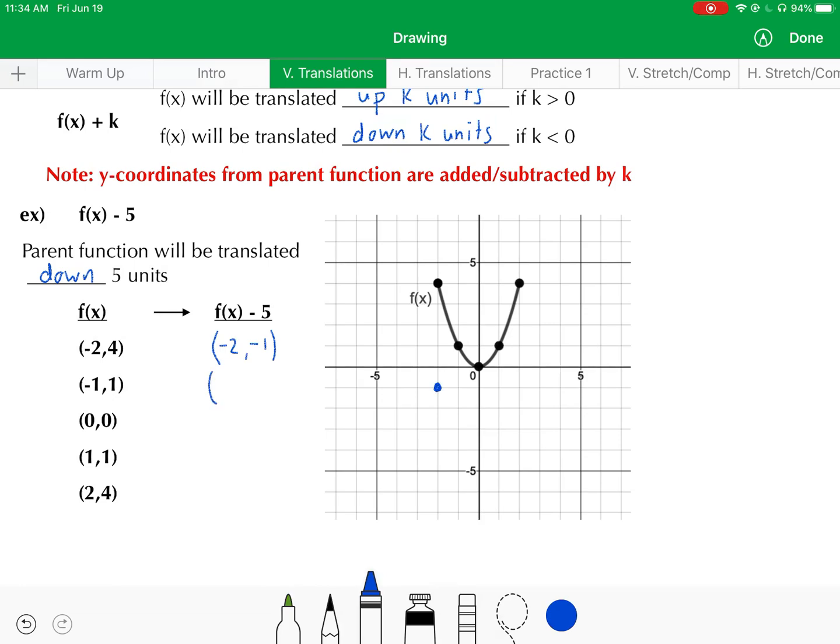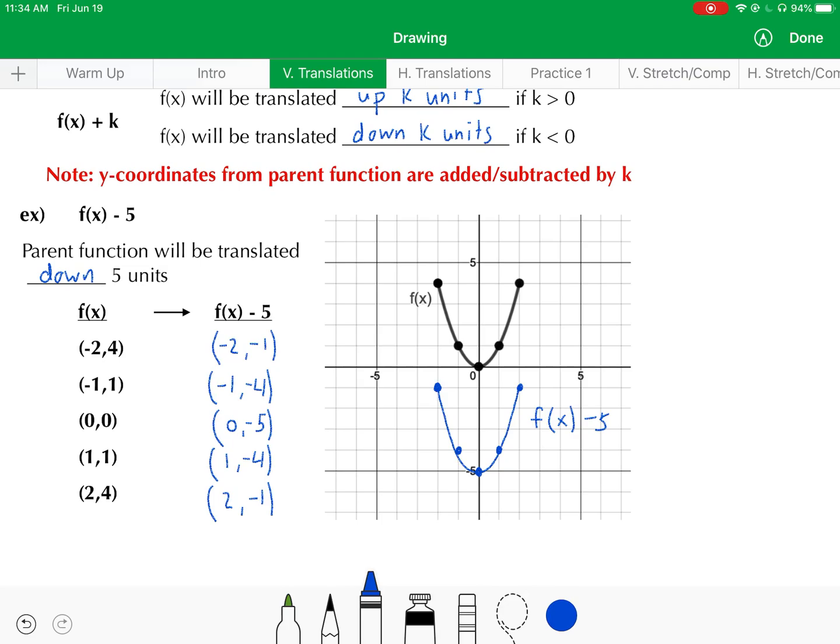Negative 1, 1 will become negative 1, negative 4. 0, 0 will become 0, negative 5. 1, 1 will become 1, negative 4. 2, 4 will become 2, negative 1. All right, so here is our new graph for f of x minus 5.